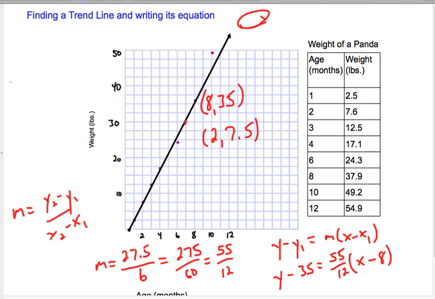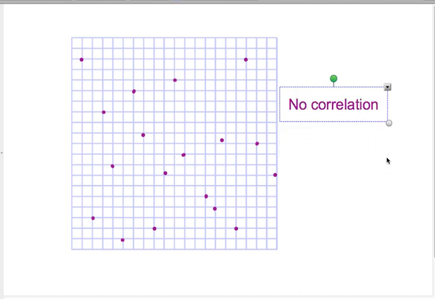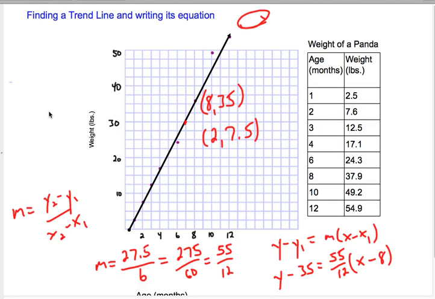Now, some scatter plots don't seem to have any correlation at all, so we would call this no correlation if there doesn't seem to be any order to the points. This graph, we would call this positive correlation, meaning as the age increases, the weight also increases.